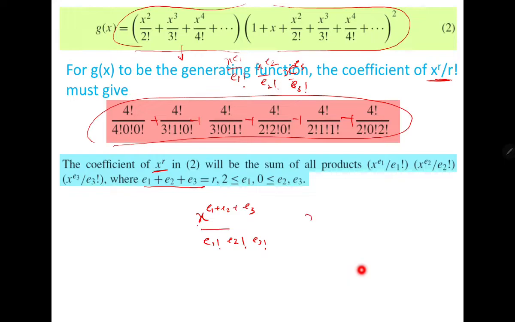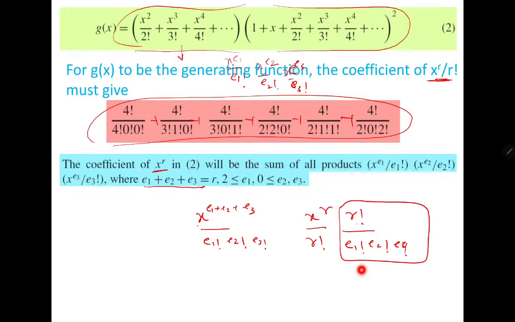This is actually x raised to the power r. And what I am looking for is the coefficient of x raised to the power r by r factorial. So I multiply and divide by r factorial, and this becomes divided by e1 factorial, e2 factorial, e3 factorial. So now you can see that the coefficient of x raised to the power r by r factorial is r factorial, where r is e1 plus e2 plus e3, divided by e1 factorial, e2 factorial, e3 factorial.